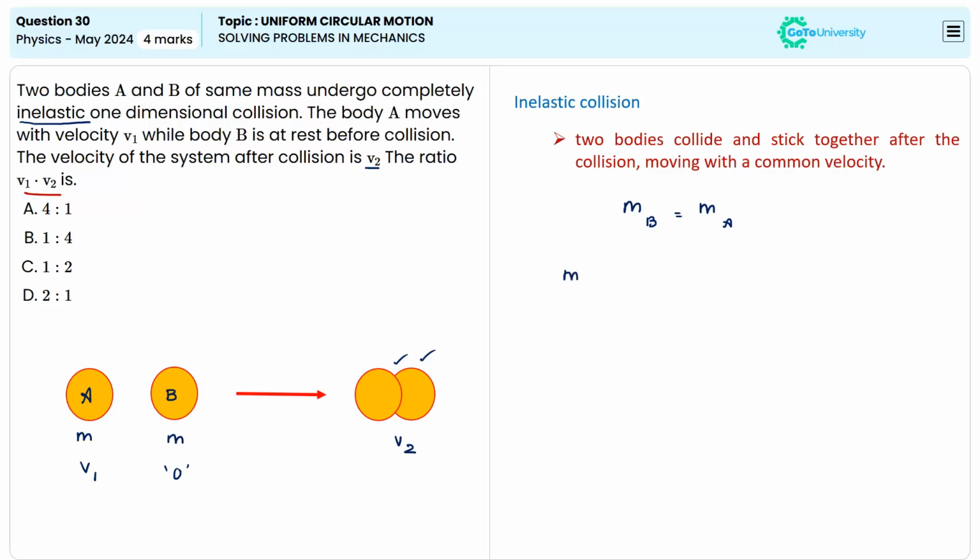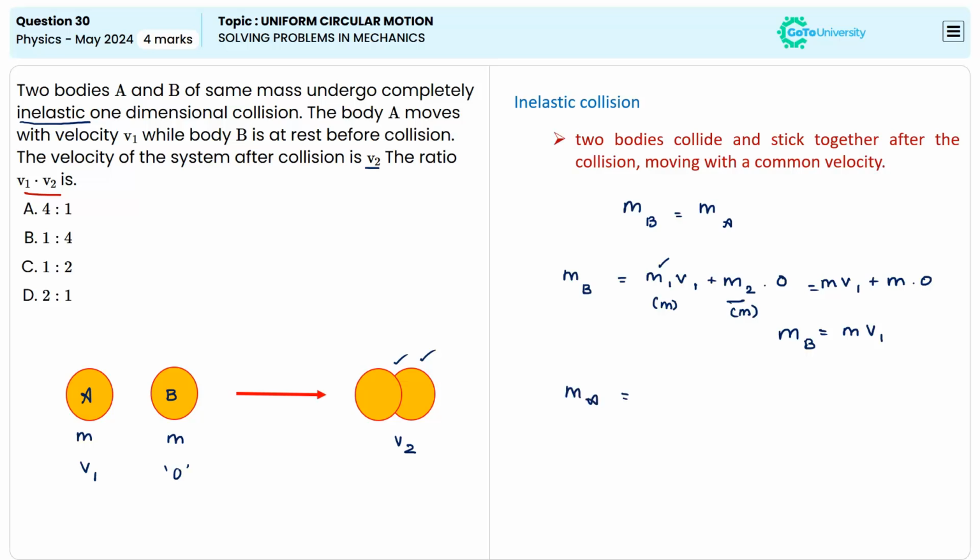The momentum before collision will be equal to m1 v1 plus m2 times 0, where m1 represents the mass of object A. Both have the same mass, so we can write m v1 plus m times 0, which means the momentum before collision is equal to m v1. Similarly, we can calculate the momentum after collision.